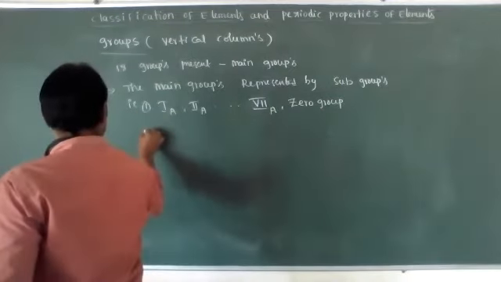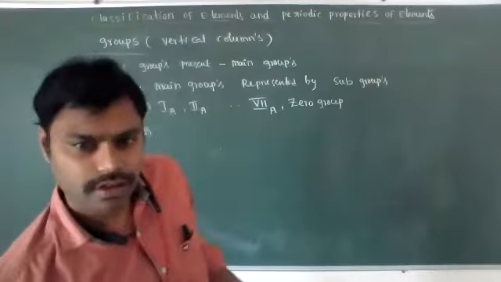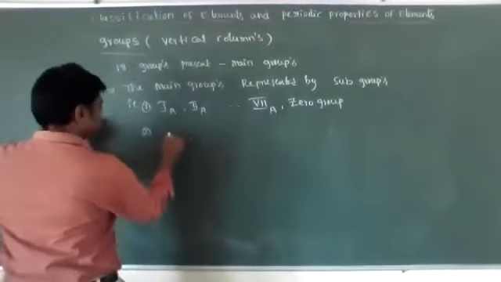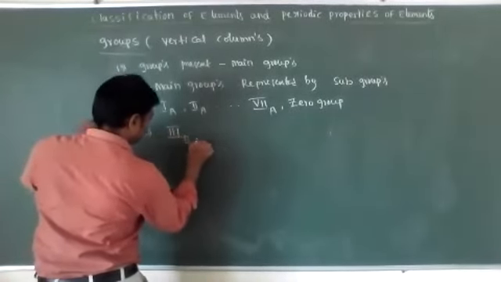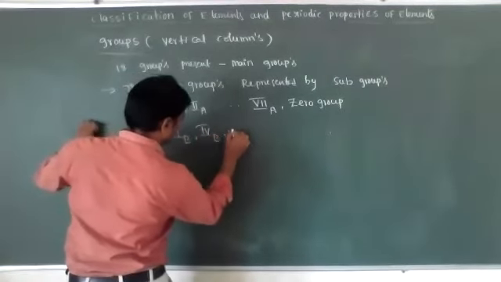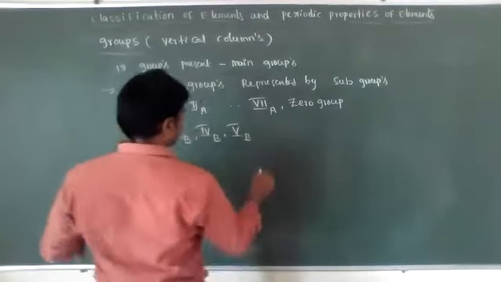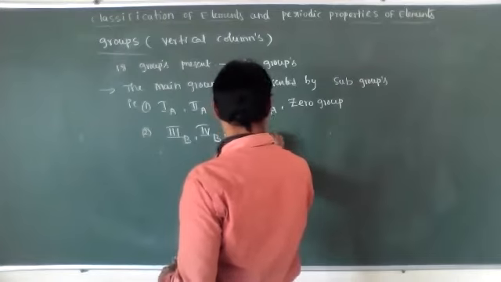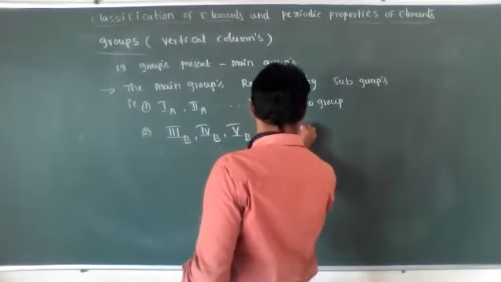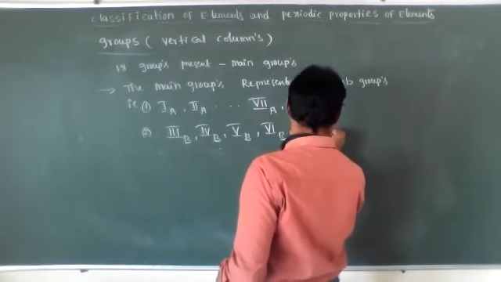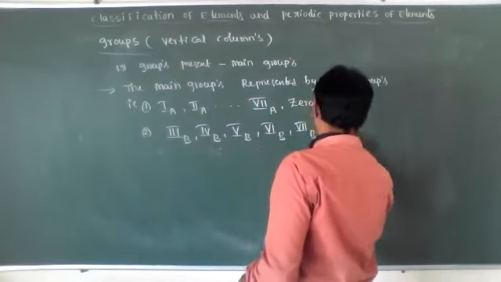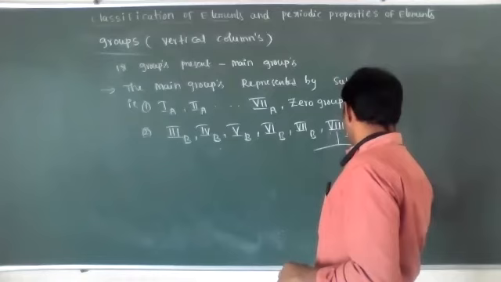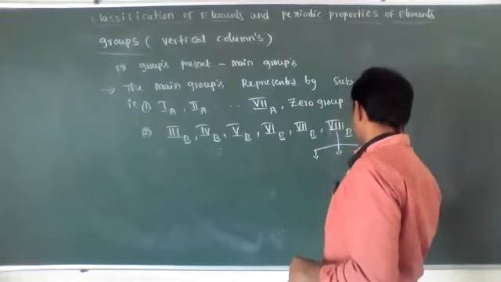That is one. The next, second one is with Roman number B: 3B, 4B, 5B, 6B, 7B, comma 8B. This 8B group again contains 3 groups. What are these?